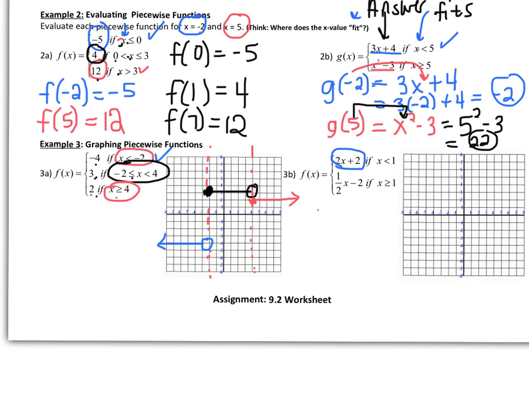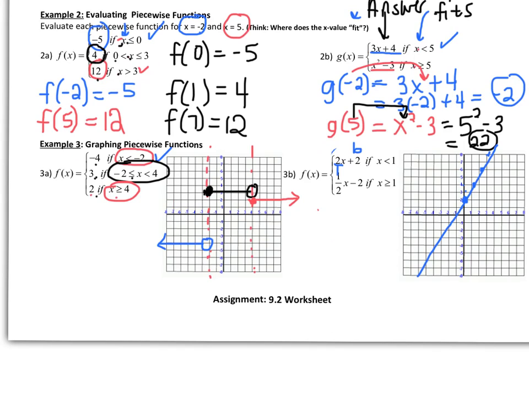So we need to start at our y-intercept, which is up 2. So I'm going to go up 2 on the graph. Then we need to count the slope, 2 over 1, so up 2 over 1, up 2 over 1, up 2 over 1, and there's the line.